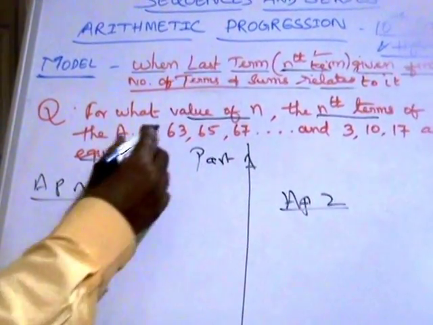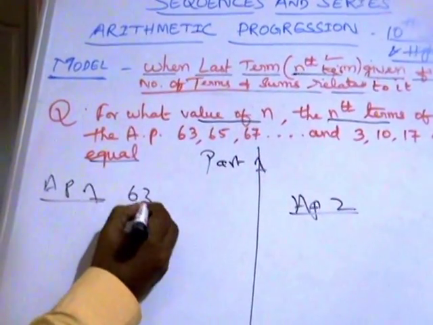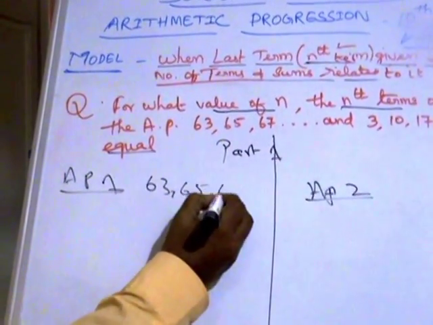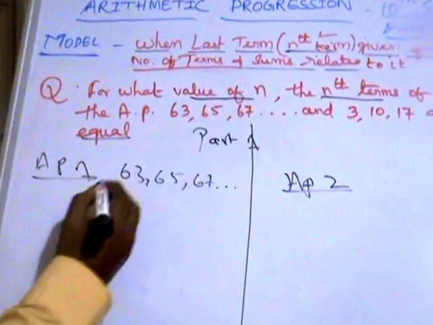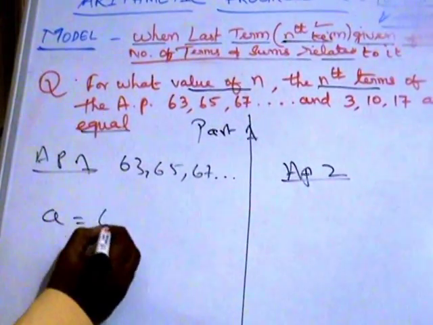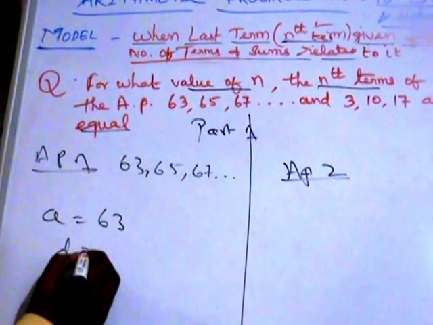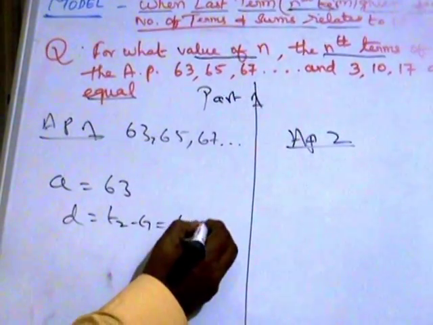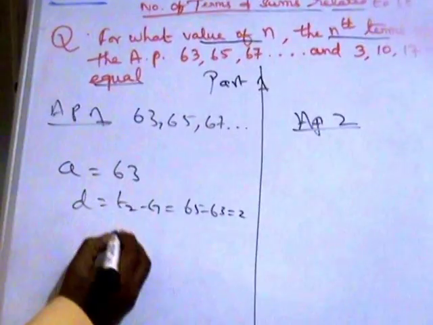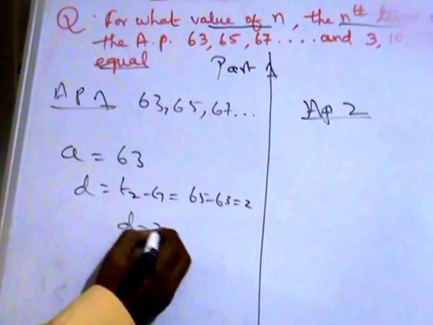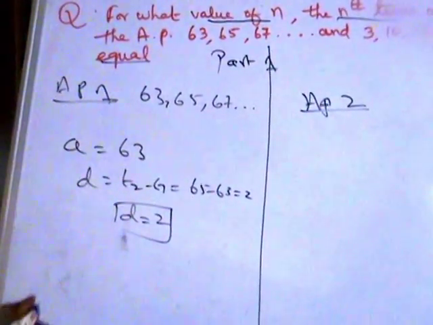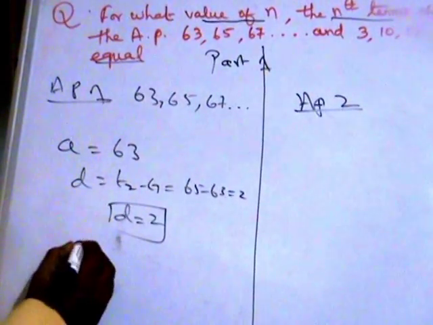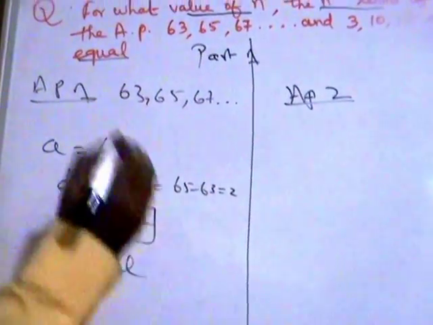So it says here 63, 65, 67, dot dot dot. The first term A is 63. The common difference is nothing but T2 minus T1, which is 65 minus 63 is 2. So d is equal to 2. And the last term is called Tn, which is equal to L.